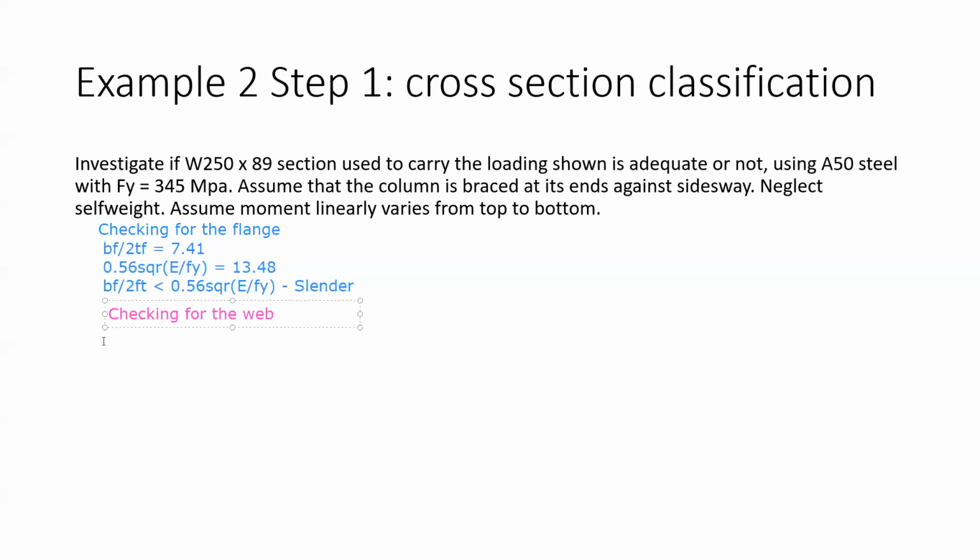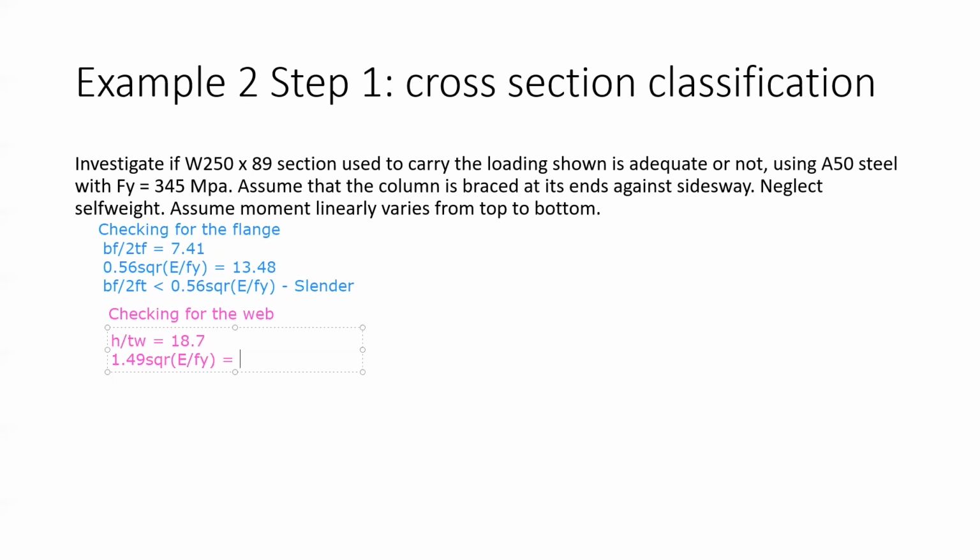There you go. So pag web naman, we have H over the thickness of the web, and it should be less than or equal to 1.49 times the square root of E over Fy. So for this, given ba ang ating H over TW? Given din, no? Given siya as 18.7.